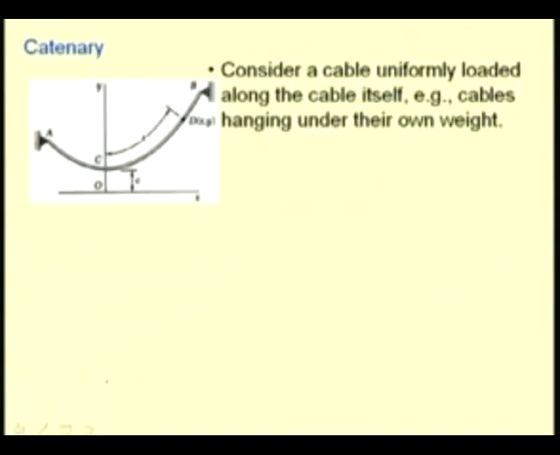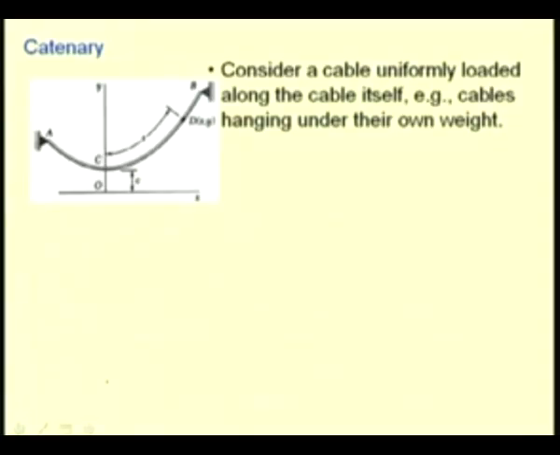Let us consider now the cable which is loaded uniformly along its length, because in all the previous cases we have not concentrated on the effect of the weight of the cable itself.